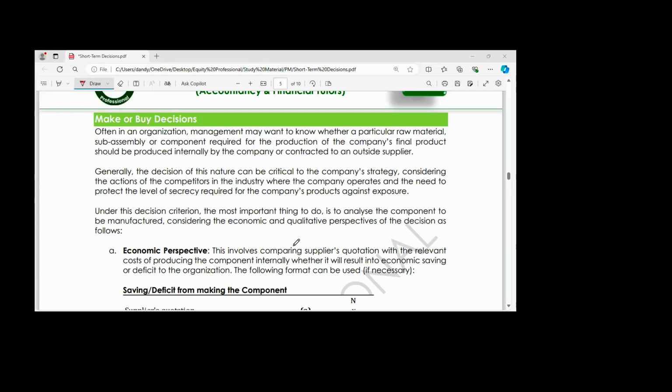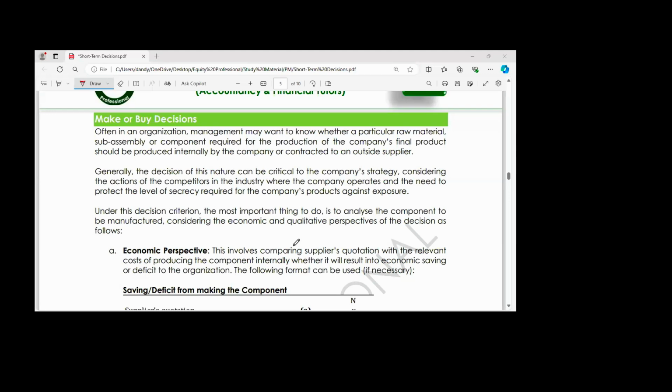So if your competitor gets to know about the degree of secrecy underlying your products, the company may be out of business, because what your competitor will just do is blend it. They will improve on your degree of secrecy and make it better. Before you know it, you are out of business.